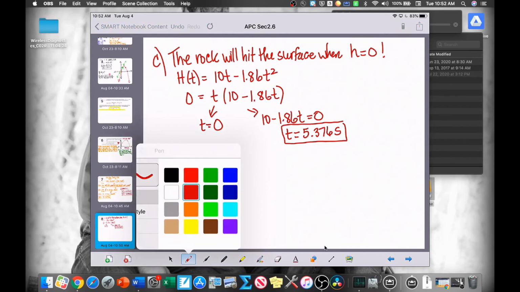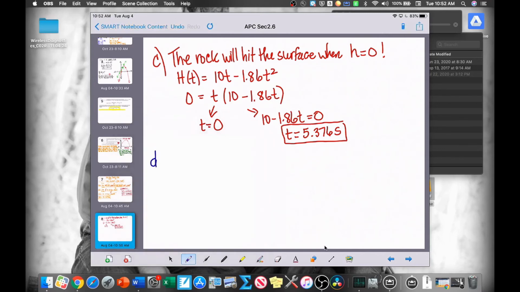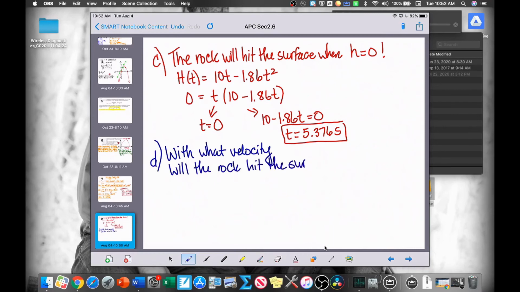Part D of the problem is asking me with what velocity will the rock hit the surface? Well, in order to find the velocity when the rock hits the surface, we need to find v of 5.376.